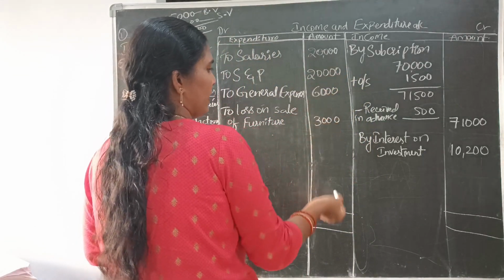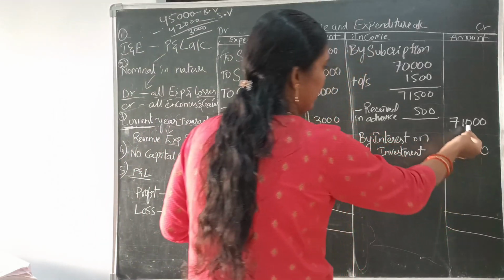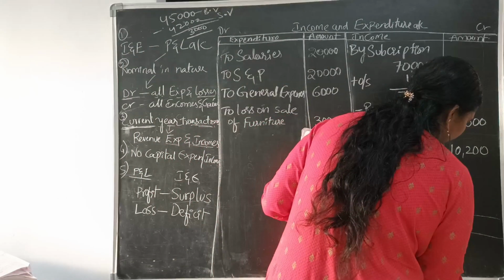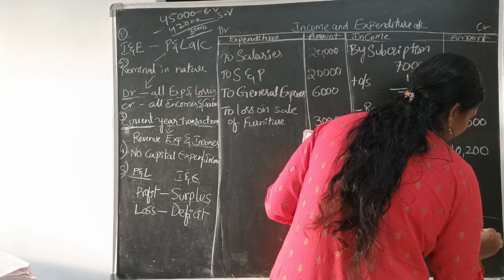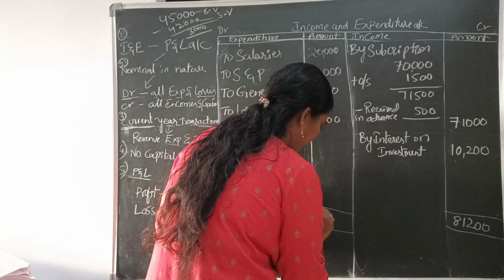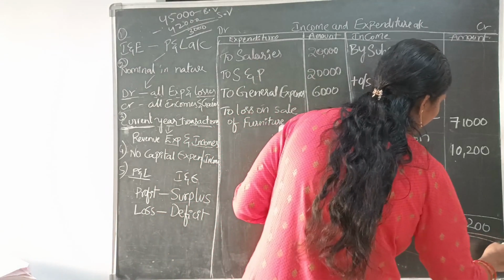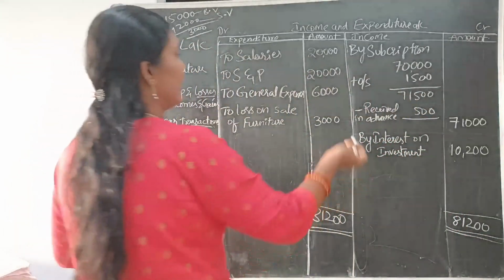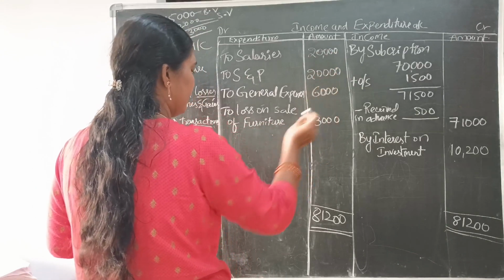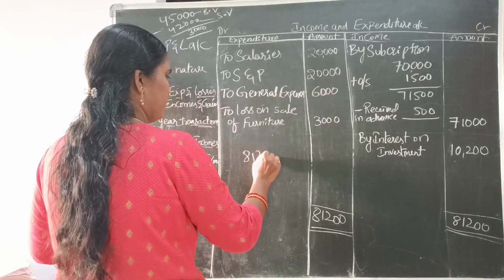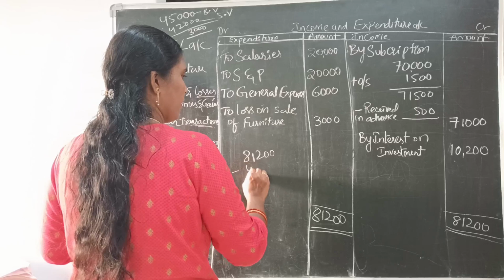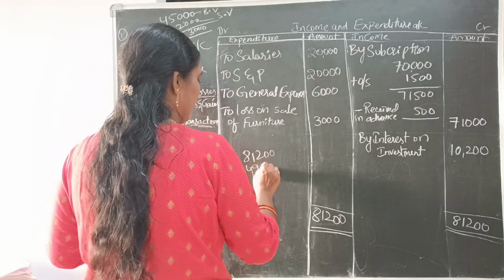This side, 81,200. So write the highest amount on both sides. This is the income amount, so deduct 49,000. So 81,200 minus 49,000.